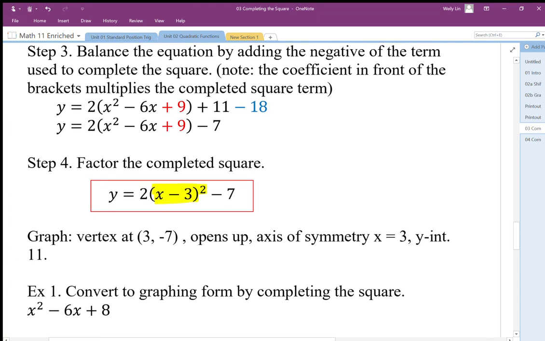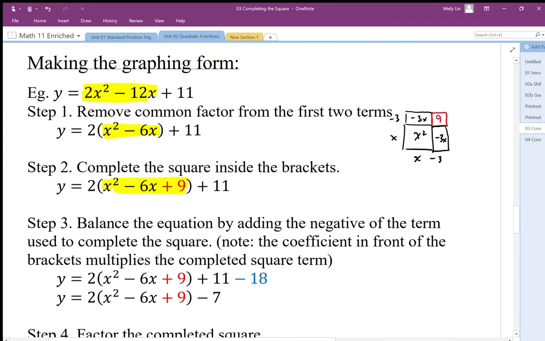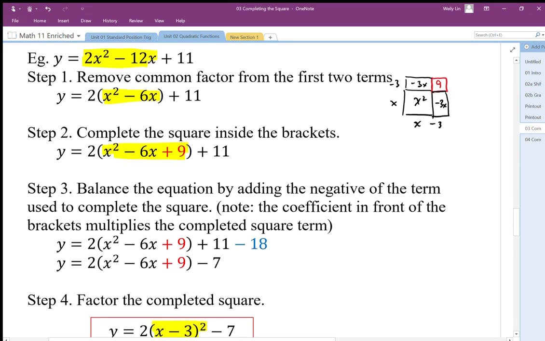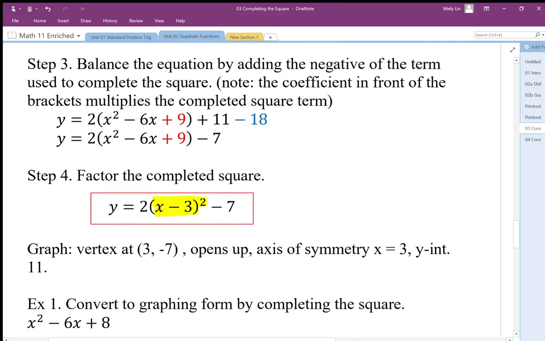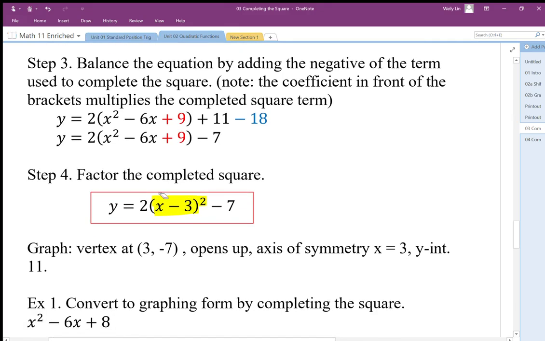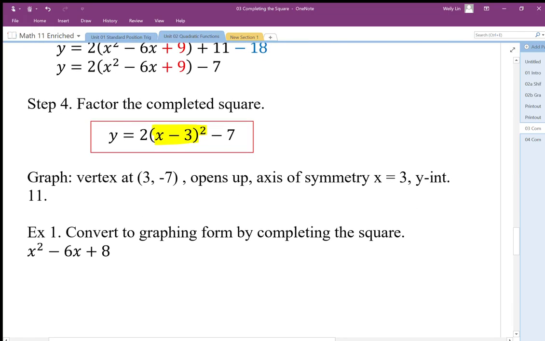We went from the general form, where we could really only see that it's opening up and vertically expanded, with a y-intercept, but with no indication of the symmetry or the vertex. So we've done some algebra and put it into the perfect square form, which allows us to find the vertex, and now we have the graphing form, which is much more convenient to graph.